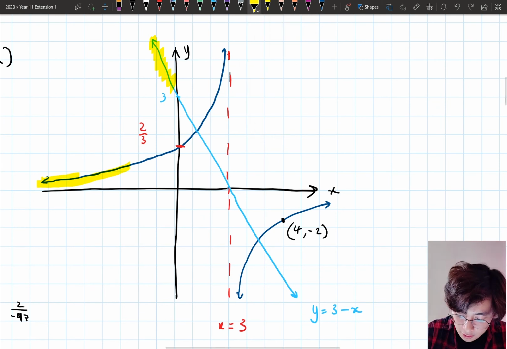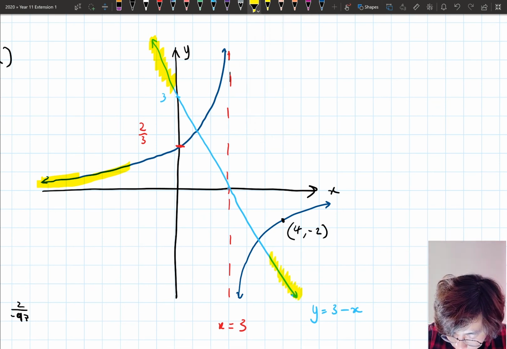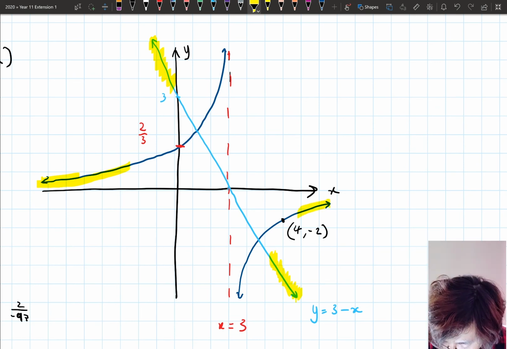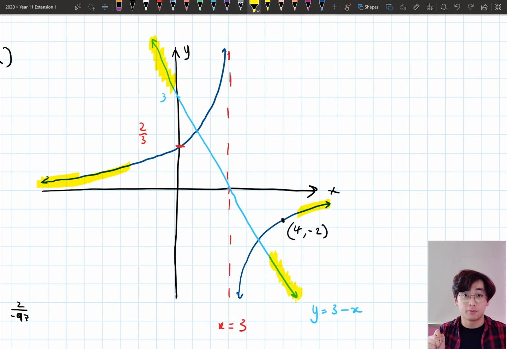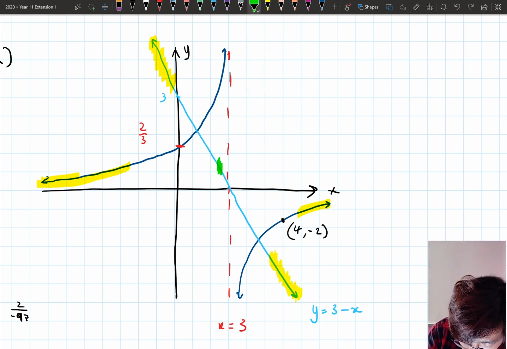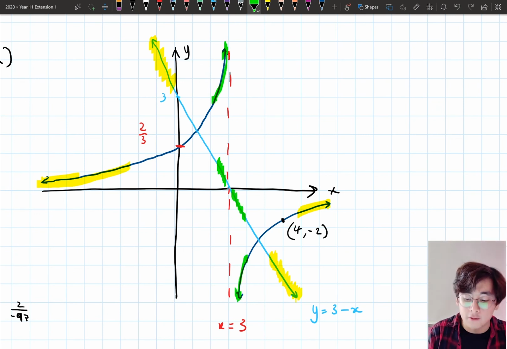Similarly, on the other side, when x becomes a larger and larger positive number, our graph also goes towards 0 as well. The graph of our reciprocal function goes towards 0. And when x goes towards 3, which is what we have over here, y goes to infinity. And on the other side, when x goes towards 3, y goes towards negative infinity.